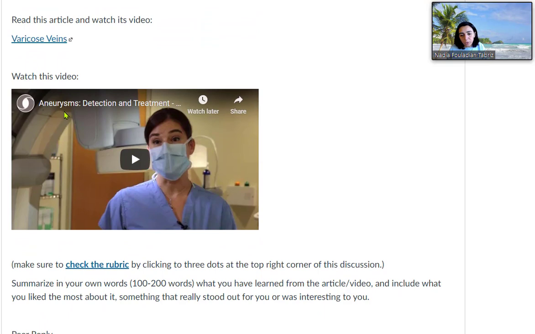And also, that one was about the veins, this one is about the arteries. Sometimes the wall of the artery is not strong and it has a weak point, so part of it bulges out. That's what we call an aneurysm. And it is important that at the onset of a big rush of blood, because that part has a very thin wall compared to the rest of the artery, it may rupture easily.